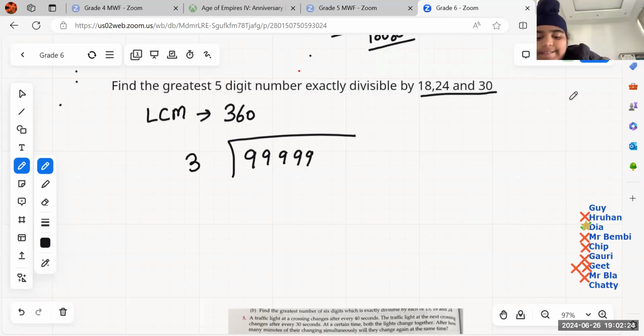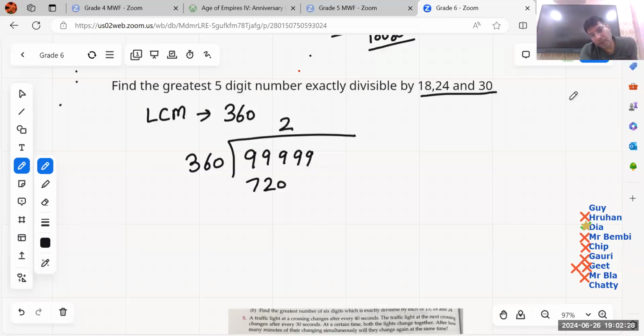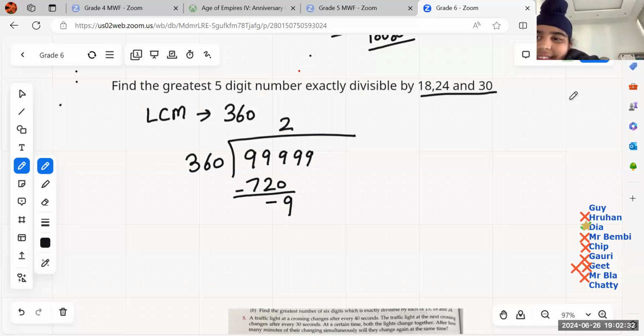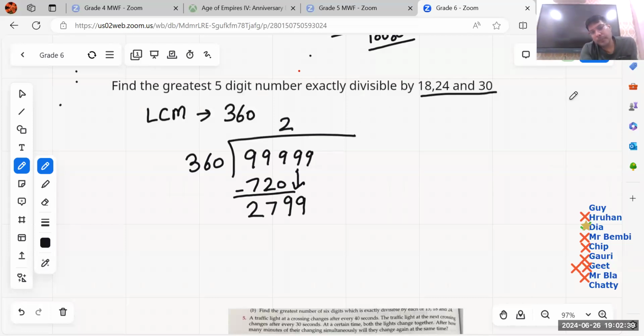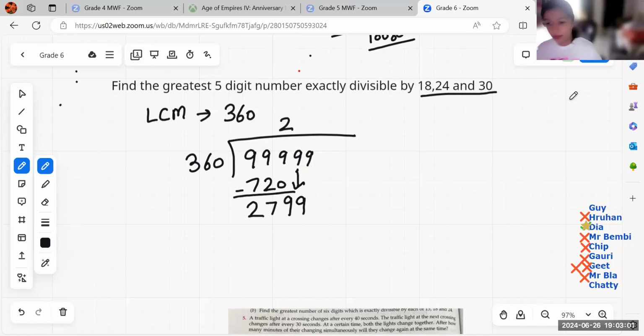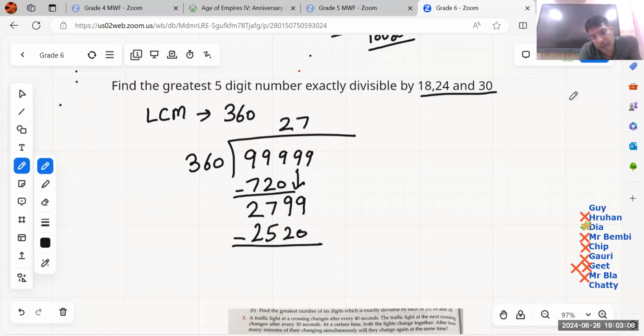99999. I will divide it by 360. 360 times 277 is 99720, so the remainder is 279. Let me check it again: 360 into what gives this? 360 times 7 is 2520.